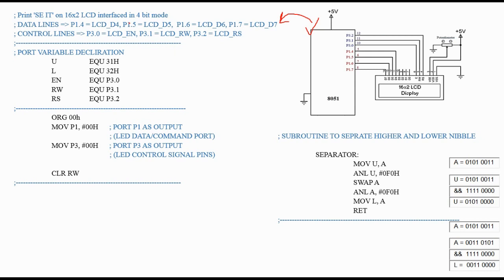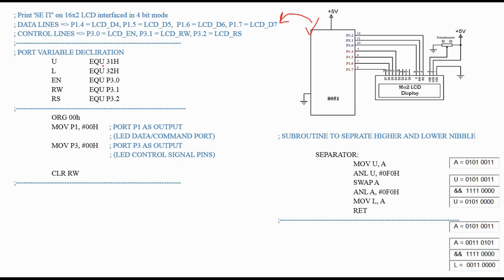Then we will do the variable declaration, because writing those numbers is a little bit harder job, so we simplify it by giving some names. Location 31H is a register location at which data can be saved. We have given the name U for this location, so we have written U EQU.